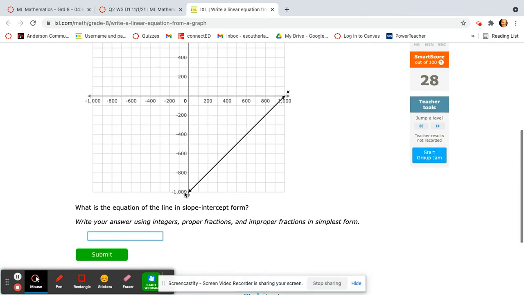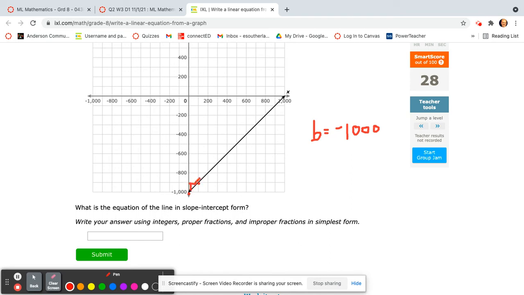Here, the same thing. You want to find out what the b is first. You'll see that it crosses right here. It's counting by 1,000 or by 100. So this is -1,000. It's counting by hundreds again, so it crosses here and then it crosses here.